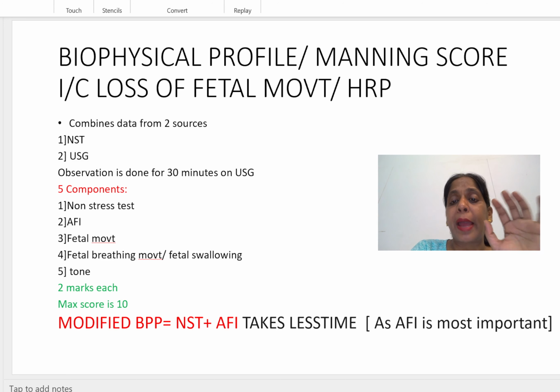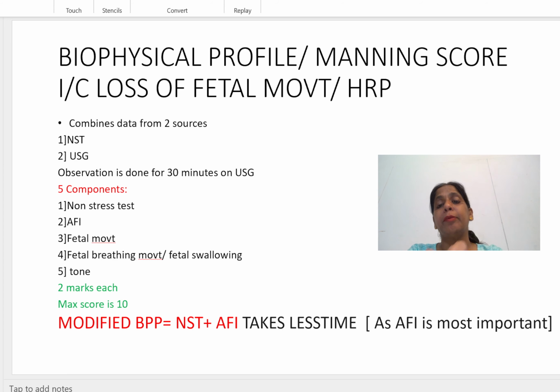So the mnemonic is BAN MOTTO. Either you can do it from the mnemonic or you can do it like this also. How I remember, I'm going to tell you. First of all, as we're going to study a few minutes later, the modified biophysical profile is NST and AFI.